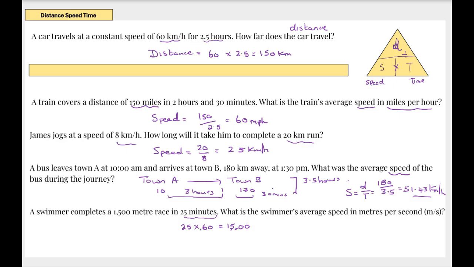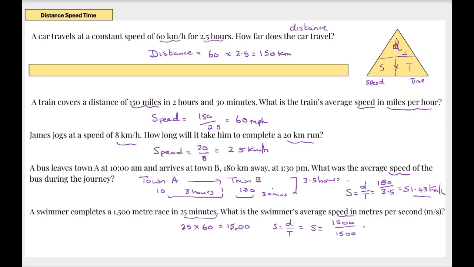So now we can plug it in. What's it asking us? It's asking us for speed once again. So we now know that speed is distance over time. Pop it all in. Speed equals the distance, which is 1,500, over our time, which is also 1,500.